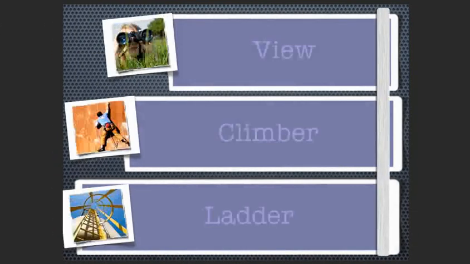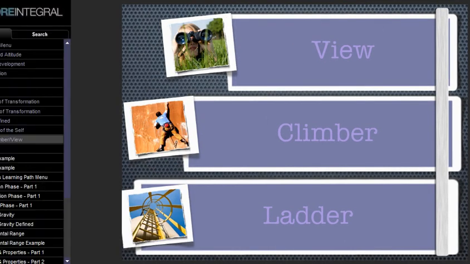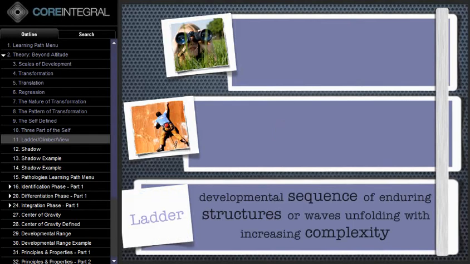Another way of understanding the self is to metaphorically conceive of the self as the climber of the developmental ladder, who has a unique view from each rung. This is called ladder-climber view, and, as a metaphor, encapsulates the essence of your developing self. The ladder is the developmental sequence of enduring structures or waves unfolding with increasing complexity. Once these emerge, they remain in existence as the basic building blocks of the developing cosmos.